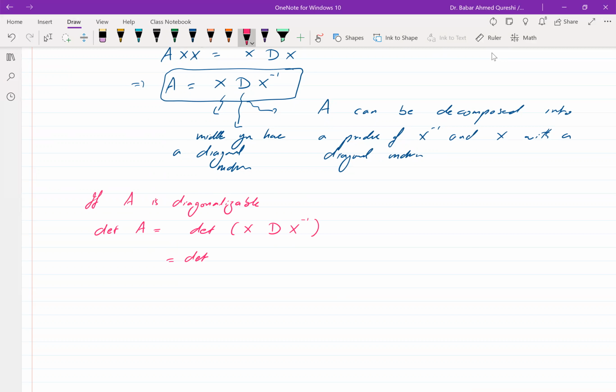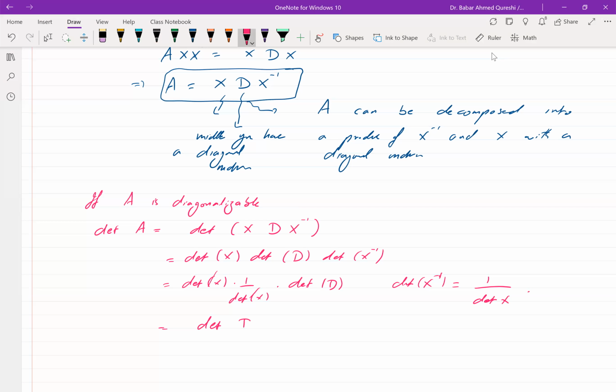I know that the determinants break down, and as we saw last time, determinant of X inverse is equal to 1 over determinant of X. So I get determinant of X times 1 over determinant of X times determinant of D, and they cancel.